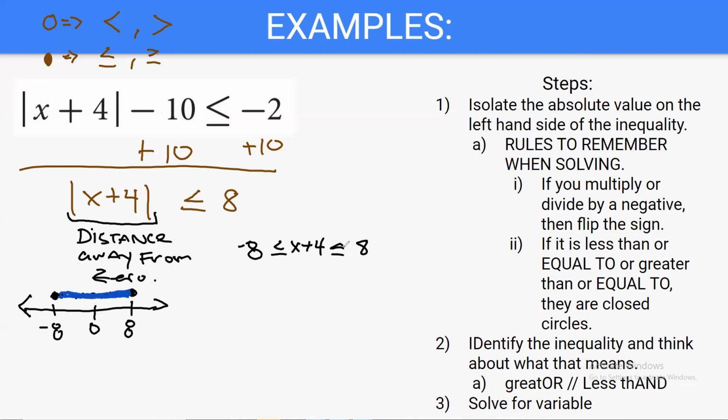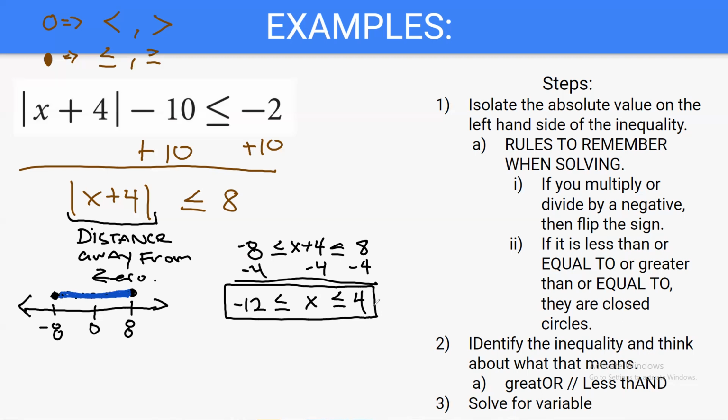Okay? My next step is to solve it. So I'm going to subtract 4 on all 3 sides of the inequality. This is -12 is less than or equal to x, which is less than or equal to 4. And that's my answer.